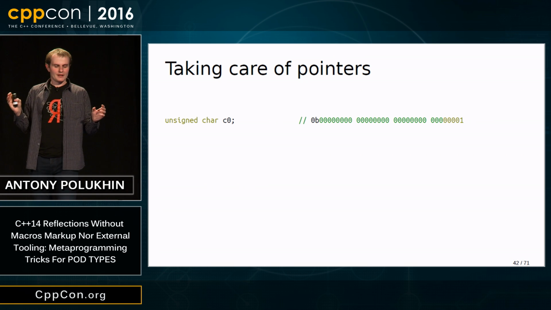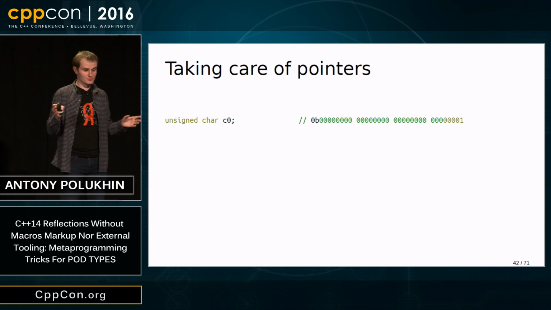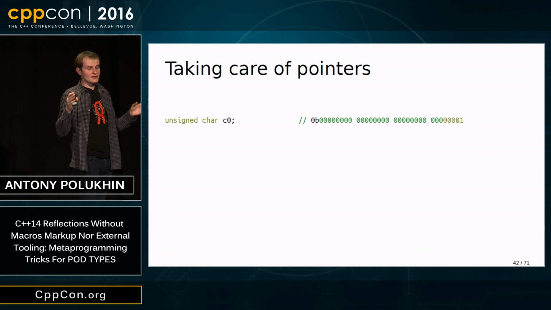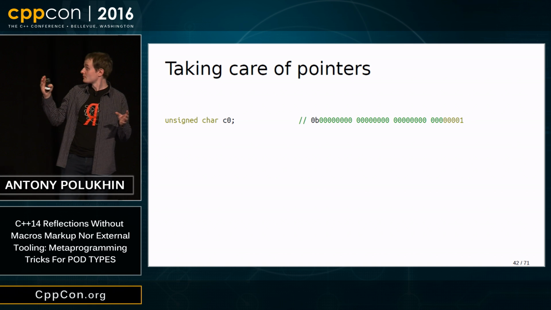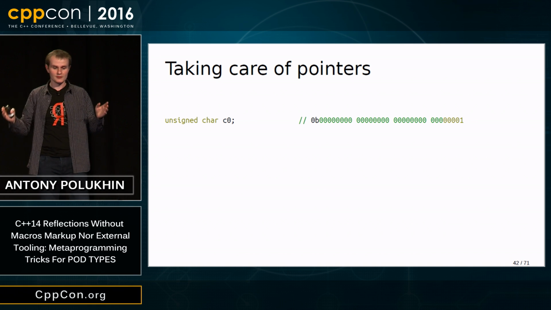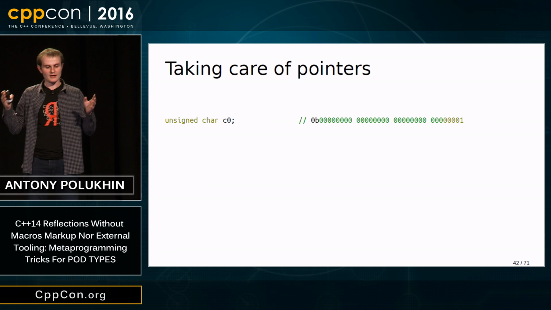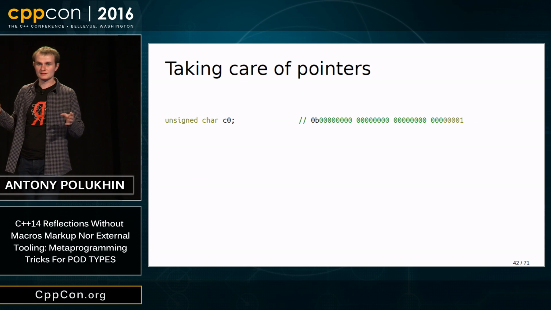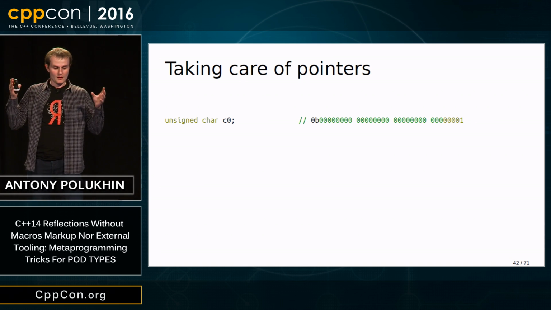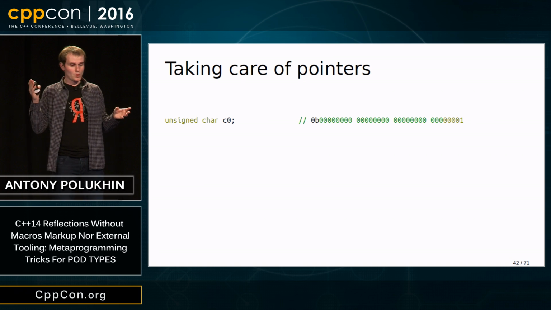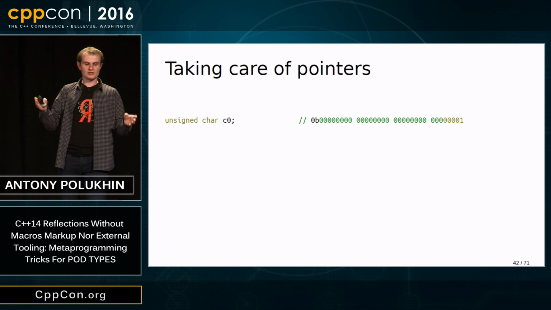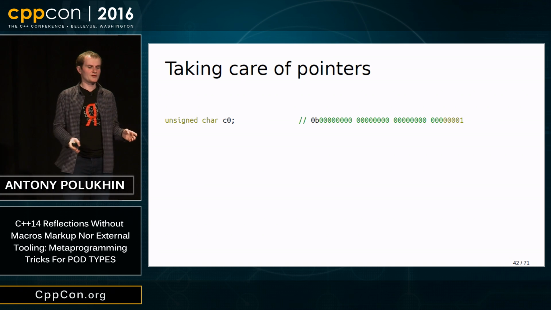If a structure T contains a field unsigned char, then that field will be encoded as you can see on the right part of the slide, in binary form. The less significant bits contain the identifier that this is an unsigned char. Unsigned char has an identifier 1. We've got 1 here.